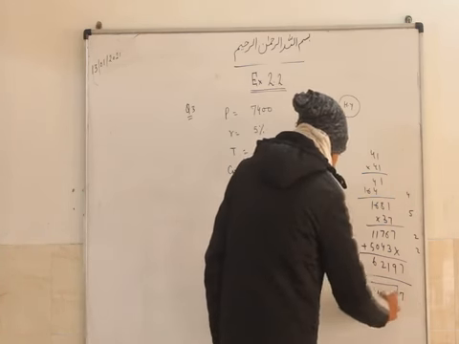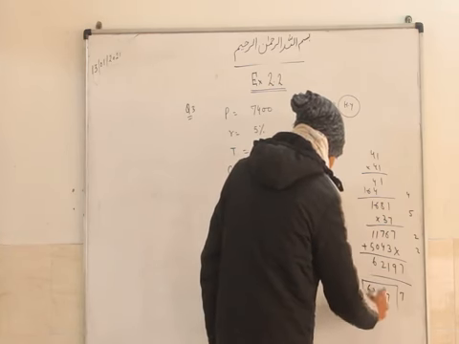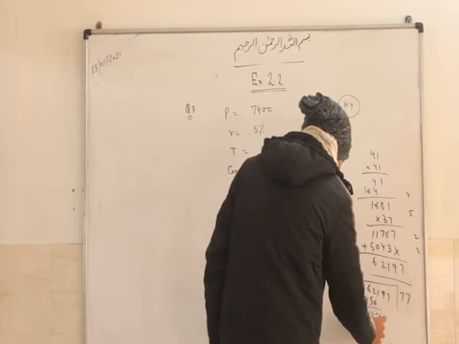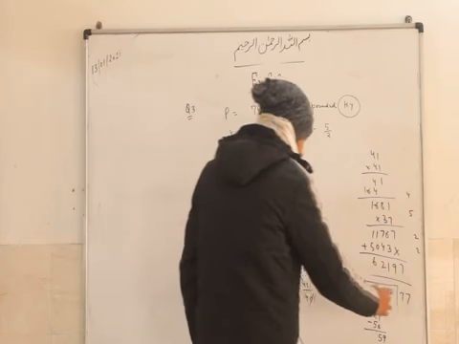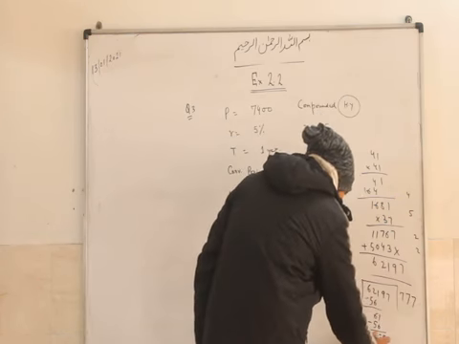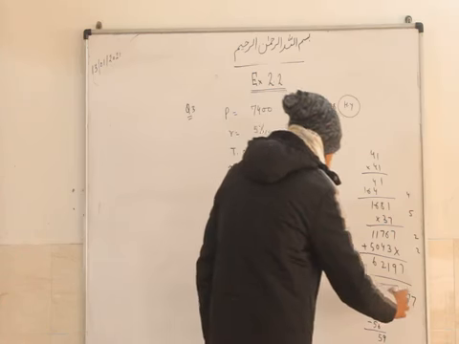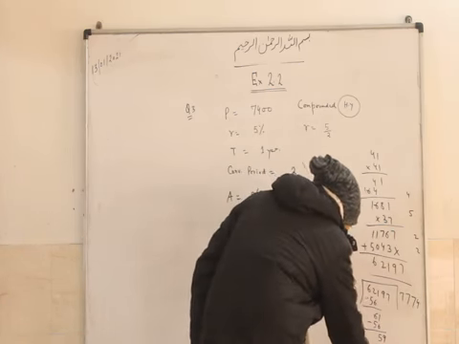8 7s are 56. Again 8 7s are 56. Then 9, again 7, 56, so 3 is left, now 7. Now we will take 8 4s are 32.